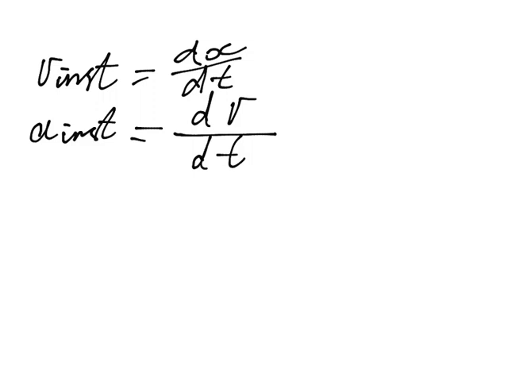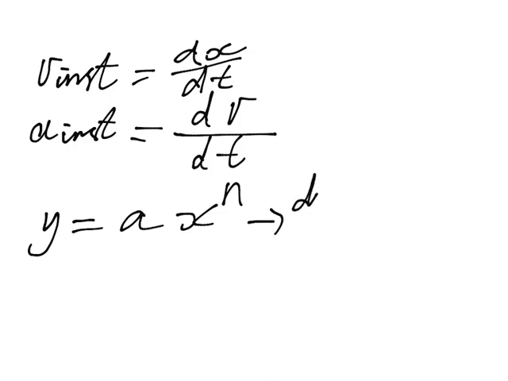Now, I'm just going to show you a basic rule. The rest we're going to do on our calculators, and you do more of this in methods. So, if y equals a x to the n, then dy dx equals a n x to the n minus 1.